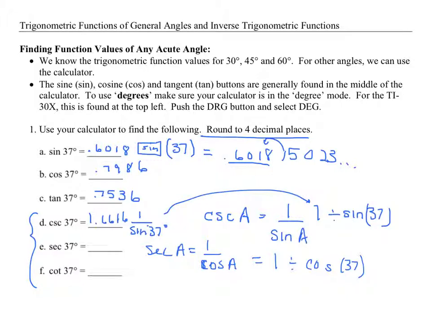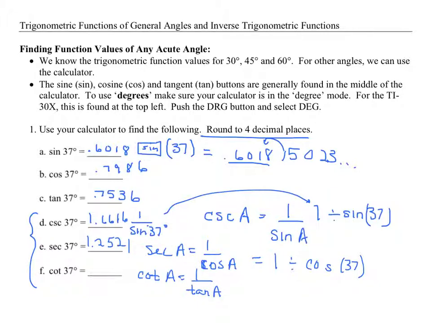So I do it on my calculator. Don't forget to put the parentheses after the 7. So we're going to get 1.2521.